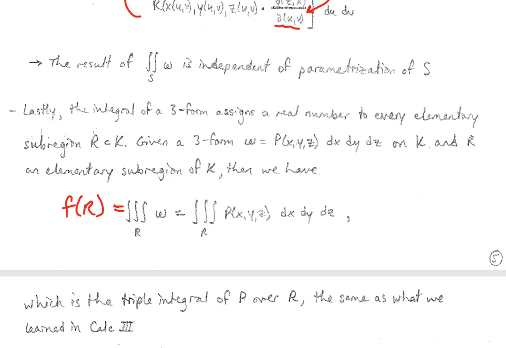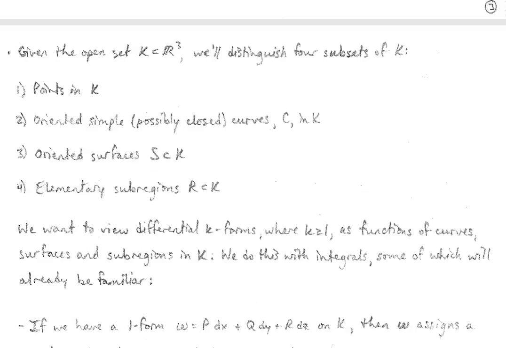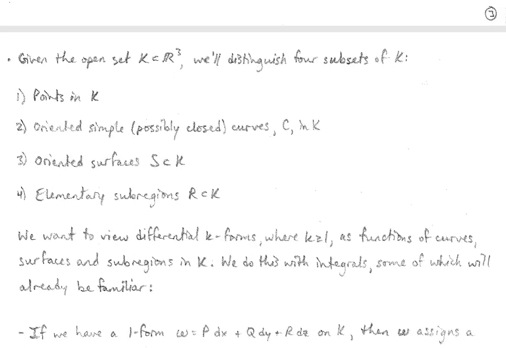And we're seeing that for differential 0 forms, 1 forms, 2 forms, and 3 forms, we can take one of our special subsets, a point, a curve, an oriented surface, or a subregion, and that can be the input of our function. In the case of a 0 form, our function is just the evaluation function.